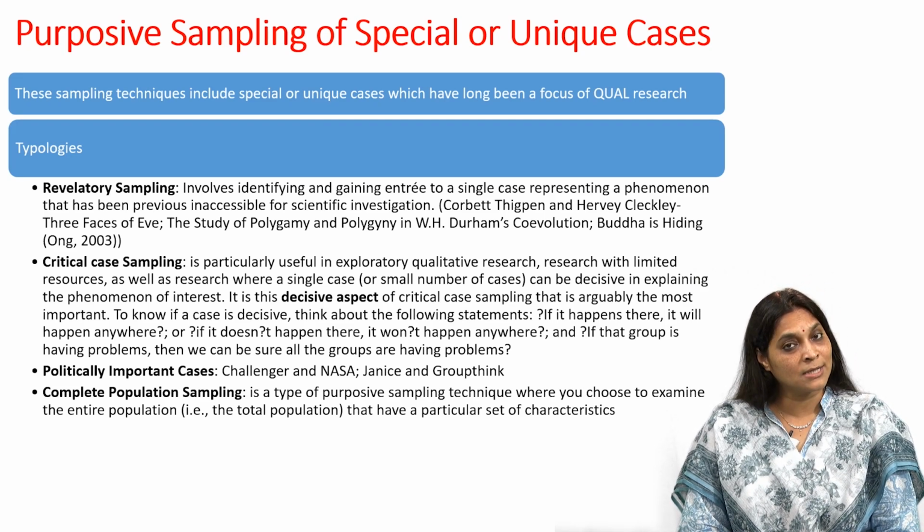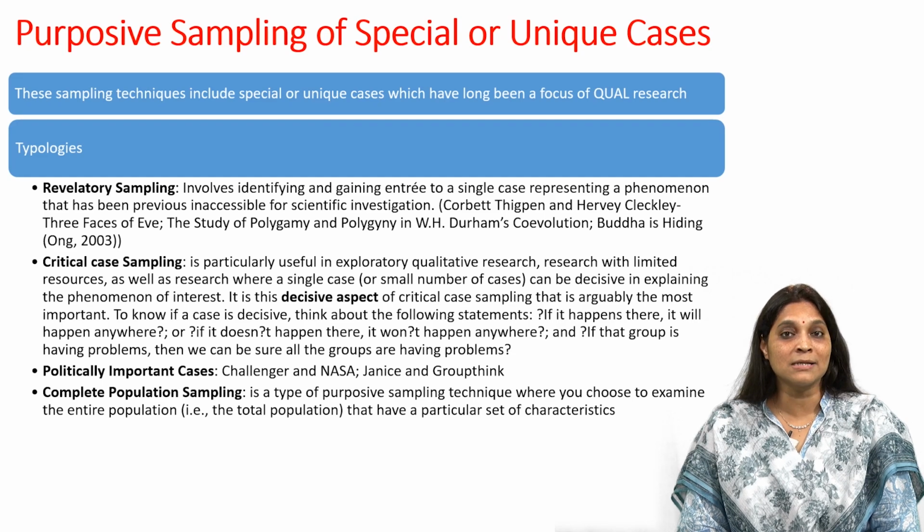Now, coming to politically important cases, these are not critical cases, but these cases have a tremendous amount of political importance, and they have also yielded valuable theories in management research. To give you an example of this, I'll take the first, which is Challenger and NASA.